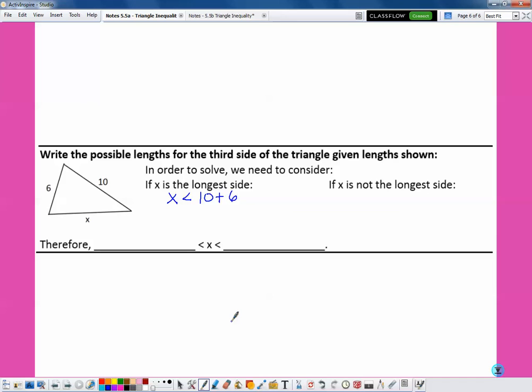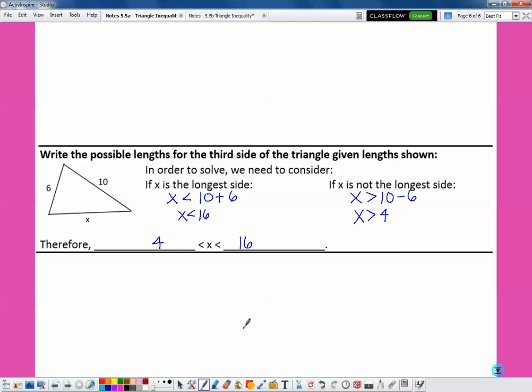If x is not the longest side, then x has to be greater than 10 minus 6. So, if x is the longest side, x has to be less than 16. If x is not the longest side, it would have to be greater than 4. Therefore, our x has to be in between 4 and 16.